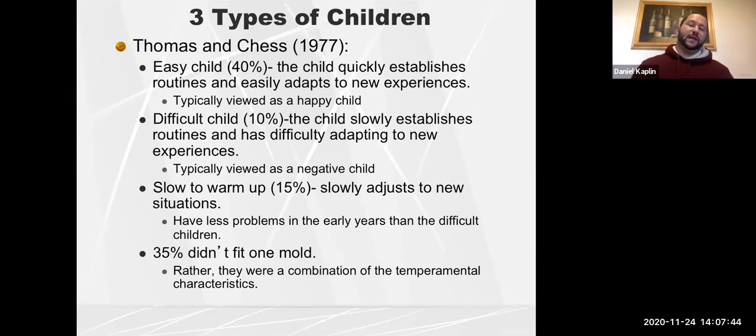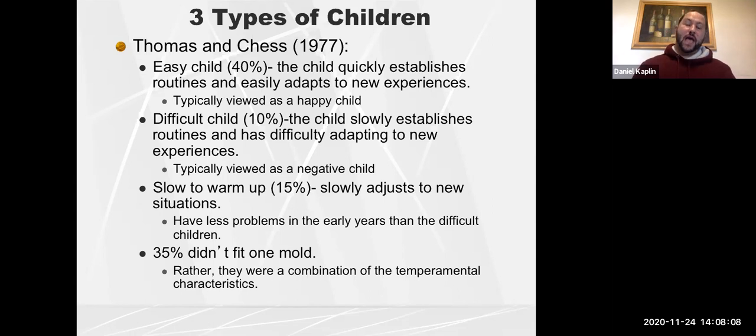demeanor. But nevertheless, a difficult child is called a difficult child because they're going to resist. So that same scenario, Johnny, it's time for bed. Well, Johnny may look you in the eye and say no. Now, as a parent, that's going to elicit some strong emotions out of you.